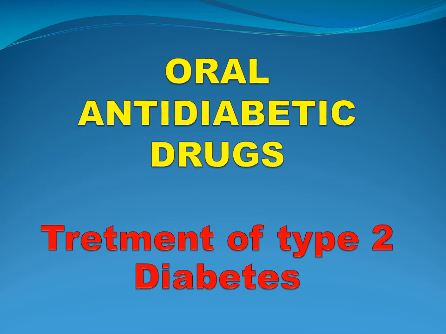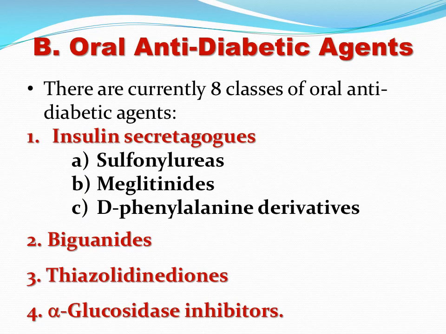Oral antidiabetic drugs. These are mainly used for treatment of type 2 diabetes. Currently, there are 8 classes of antidiabetic drugs used. The first class is insulin secretagogues, drugs that stimulate insulin secretion from the beta cells in the pancreas.